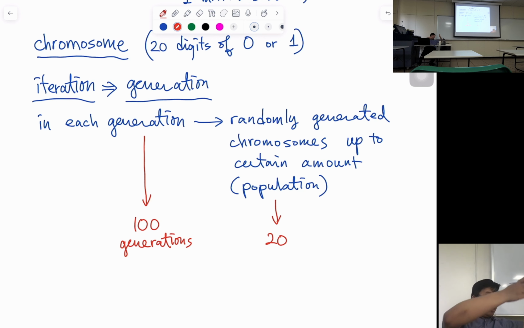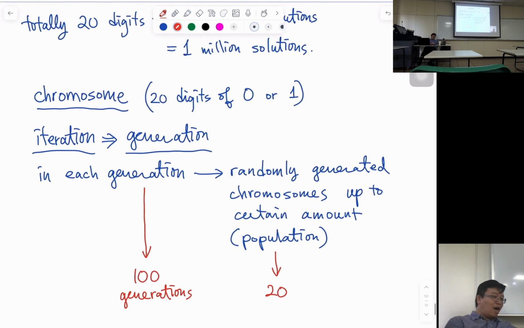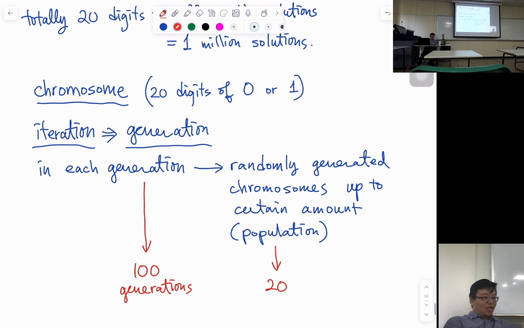That means in total, I will be testing 2,000 different chromosomes for the entire GA process. So out of 1,000,000 possible solutions, I'm going to test 2,000 only. I didn't explore the entire design space. I'm relying on a much smaller solution set.